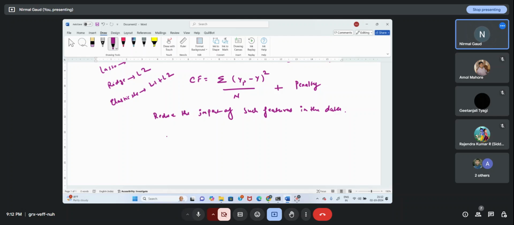How? If we check out this equation, y equal to beta naught plus beta 1 x1 plus beta 2 x2 plus beta 3 x3, that is for multiple linear regression. For example, x2 and x3 are correlated. These two features are correlated.